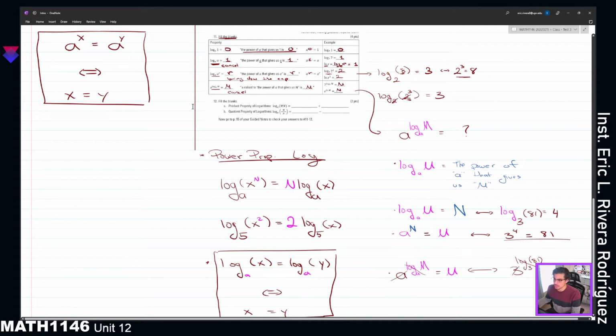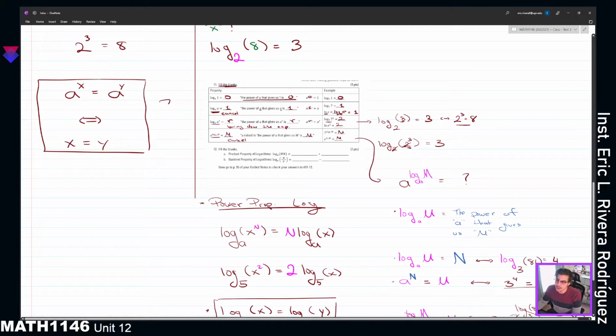Okay. Before we go to the product and quotient property, why is this true? You will see that if we use the properties that I have just shown here on the right side, properties of the logarithmic function, we can see what's happening, or we can prove why this is true.